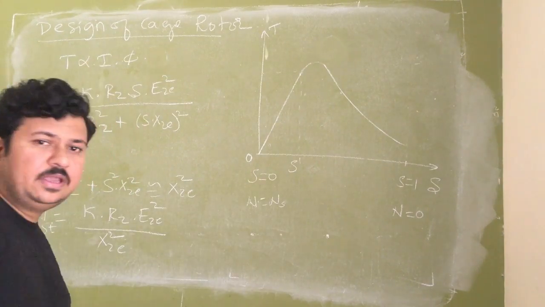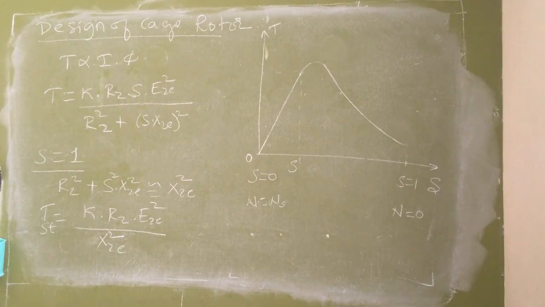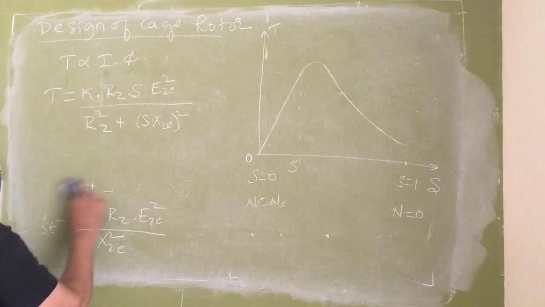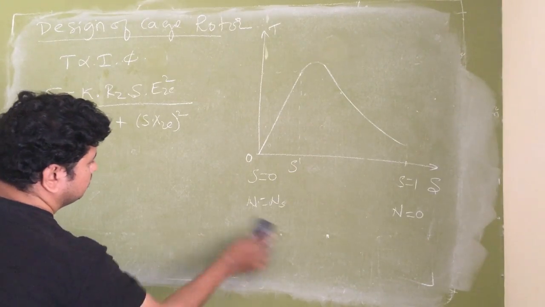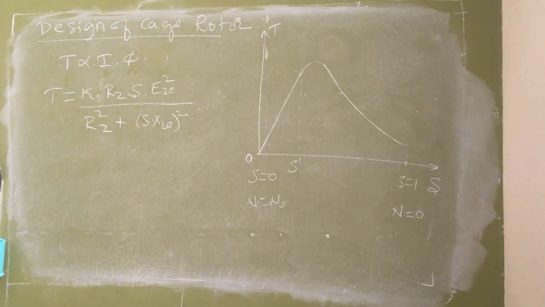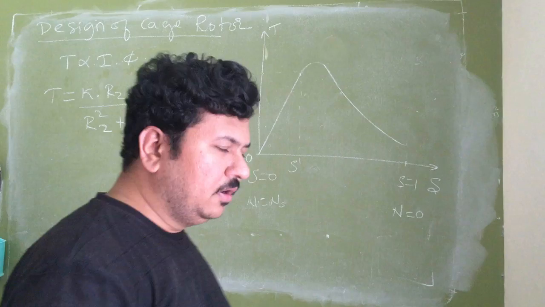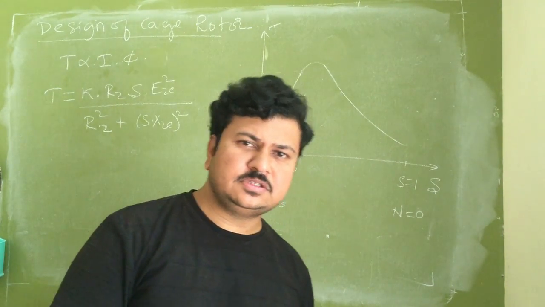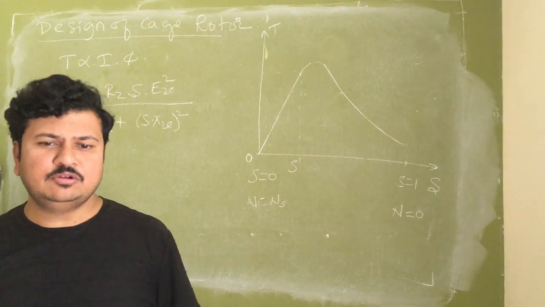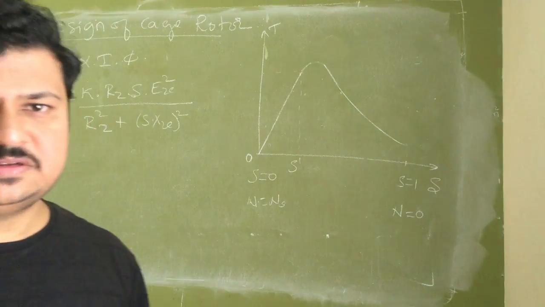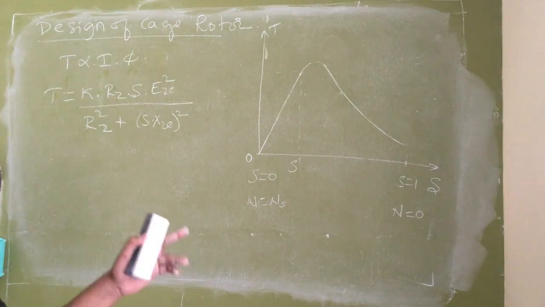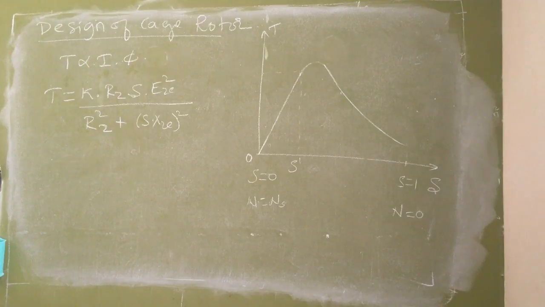Now what happens if I increase the speed of the rotor beyond Ns? The induction motor starts operating as an induction generator. Until recently, all the wind energy conversion systems, windmills, used induction generators, because induction generators can generate power at variable speed.